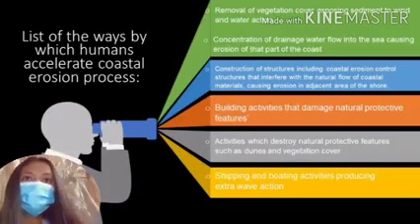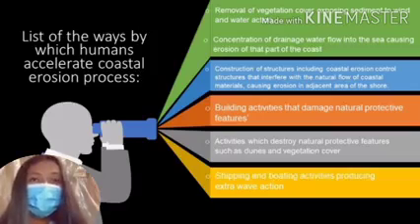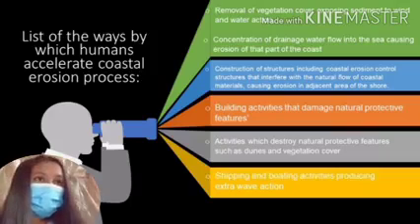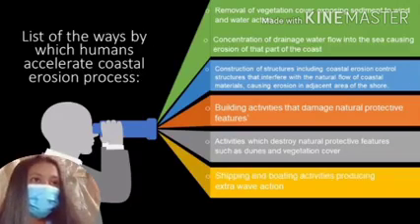Here is the list of the ways by which humans accelerate coastal erosion processes. First is the removal of vegetation cover, exposing the sediment to wind and water action. The second one is the concentration of drainage water flow into the sea, causing erosion of that part of the coast.